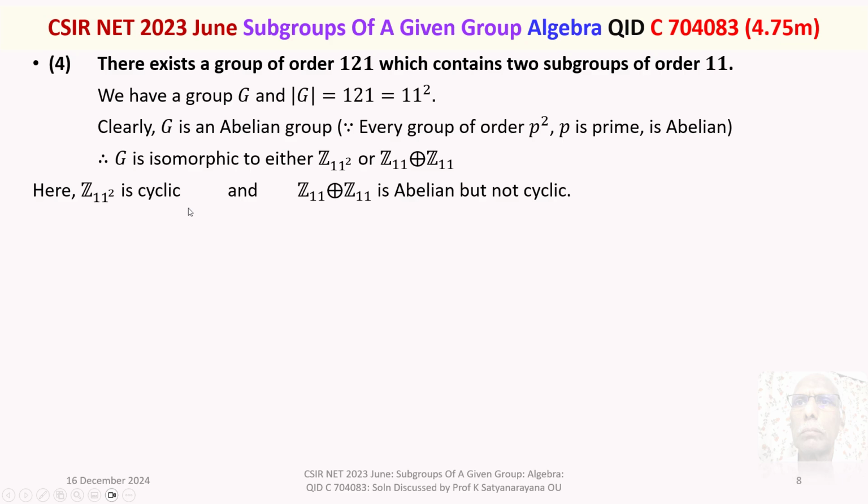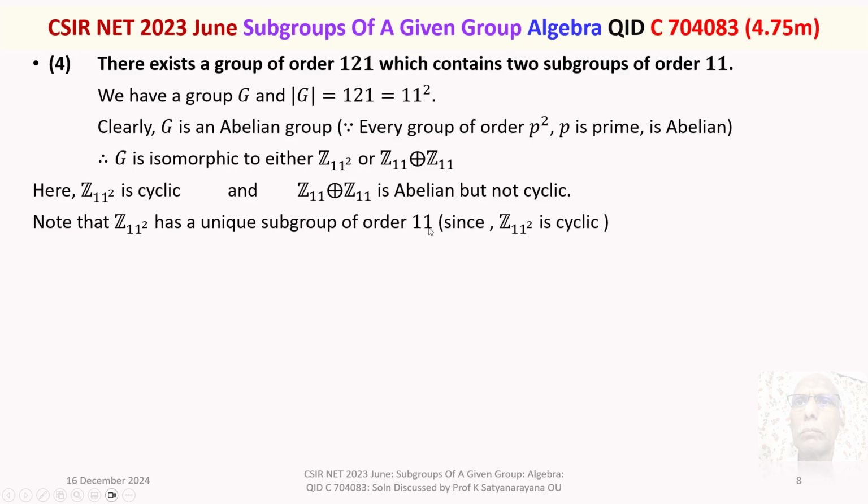Right. Now, note that Z11 squared has a unique subgroup of order 11. Why? Because 11 divides 11 squared. For each divisor d of n, we have a unique cyclic subgroup of order d.